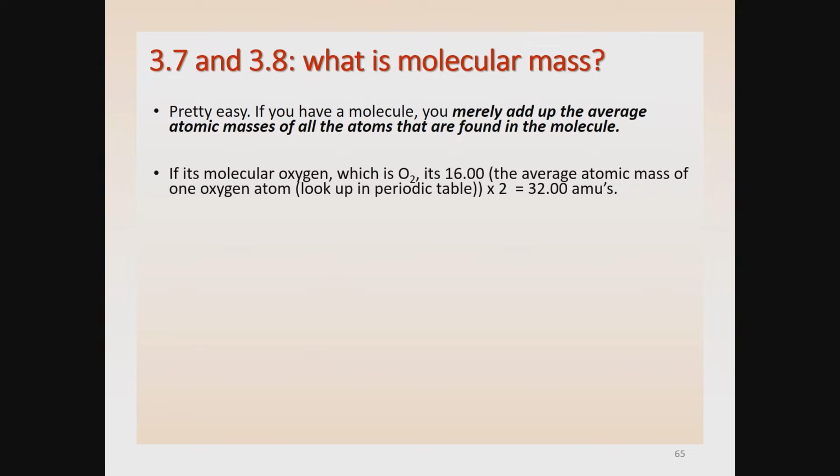So for O2, the molecular mass is going to be double that: 16 plus 16, which is 32 AMUs. You can see in the picture that the molecular mass of O2 is just double its atomic mass of 16, so 32.